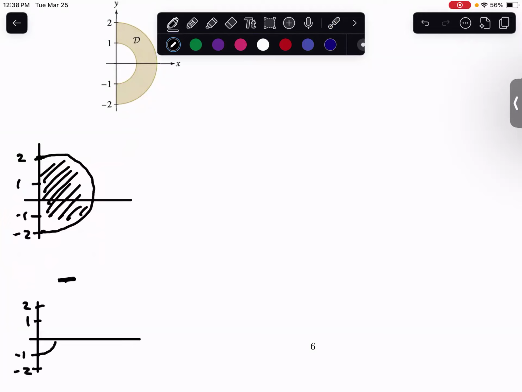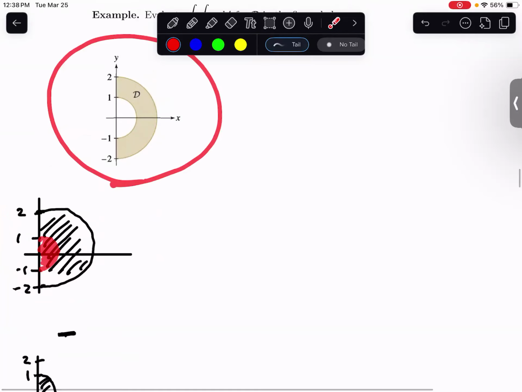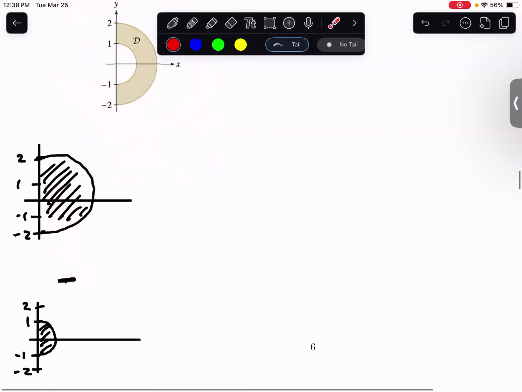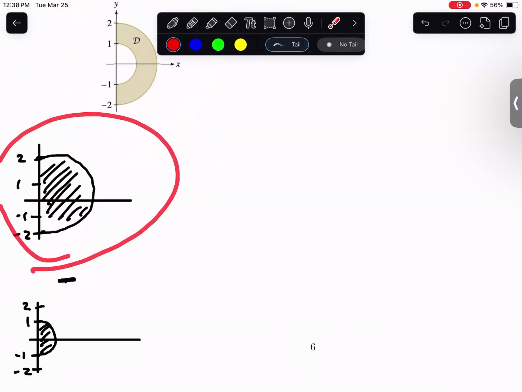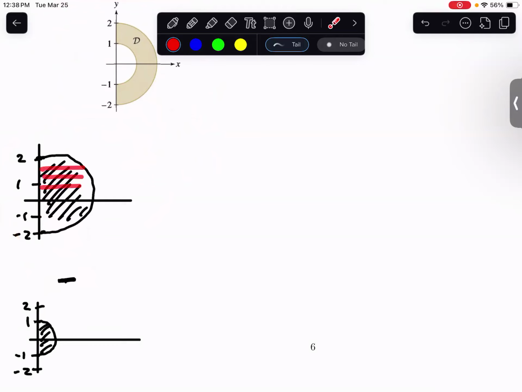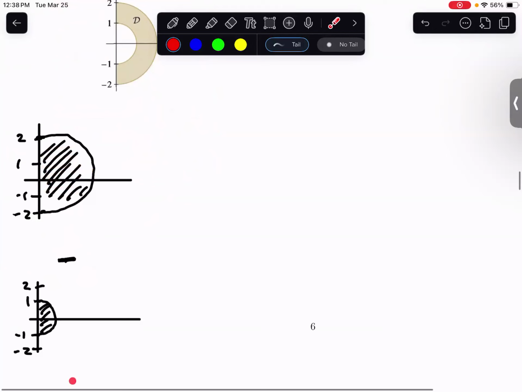So this part right here. All we're doing is taking the semicircle of radius 2 and subtracting from it the semicircle of radius 1, and that will give us the region we have here. So we integrate over this semicircle, which is horizontally simple, and then subtract the integral over this smaller semicircle, which is also horizontally simple.